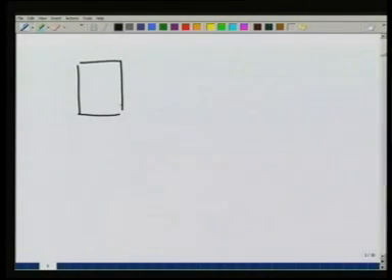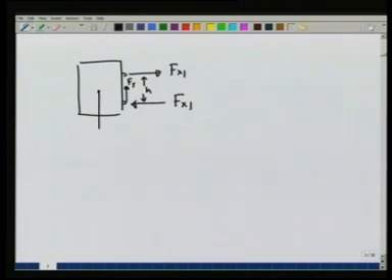So, I have this gate, here is a force Fx1, and now we have already figured out that there is a force in the opposite direction of the same amount Fx1. They are separated by distance h. Here is a force Fy and here is a force W separated by distance b by 2.